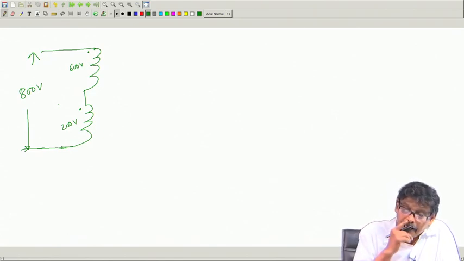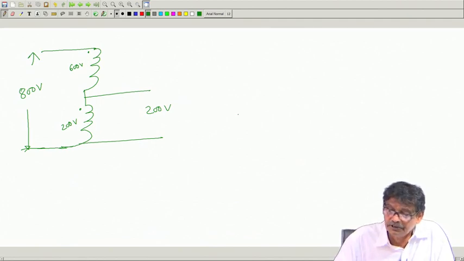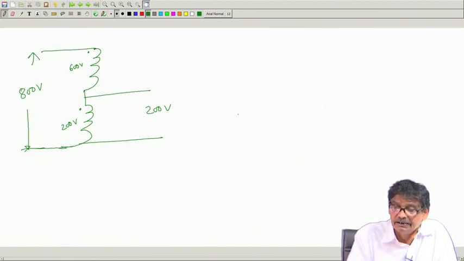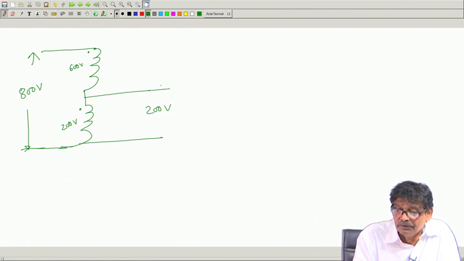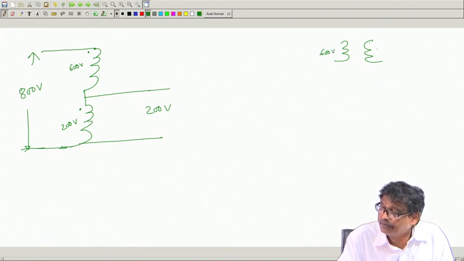I can take a tapping here and supply 200 volt to the load. Is that clear? So the same two winding transformer, this is 600 volt, this is 200 volt, these two are dots.